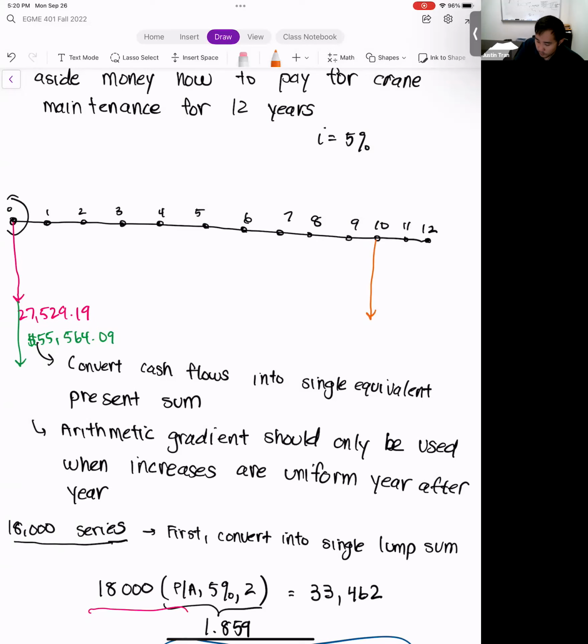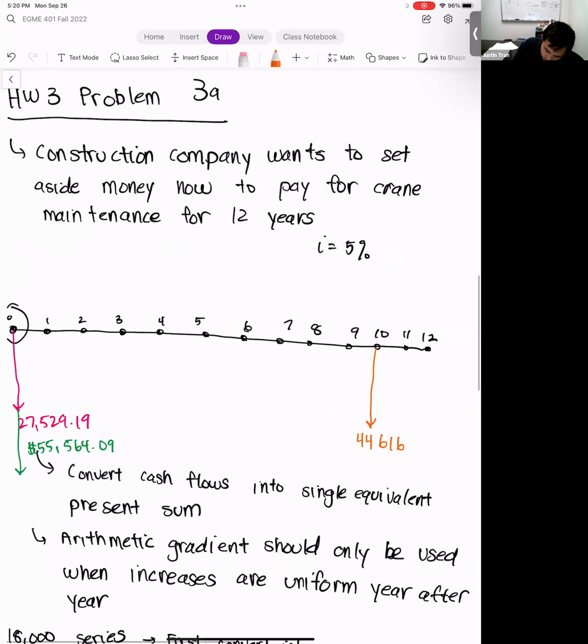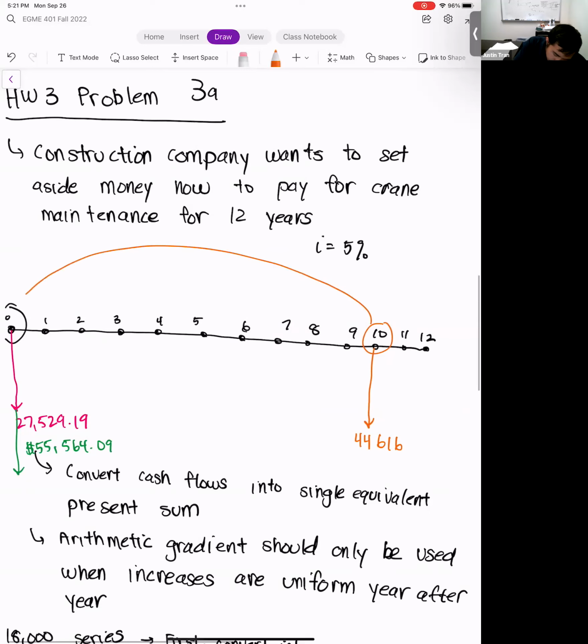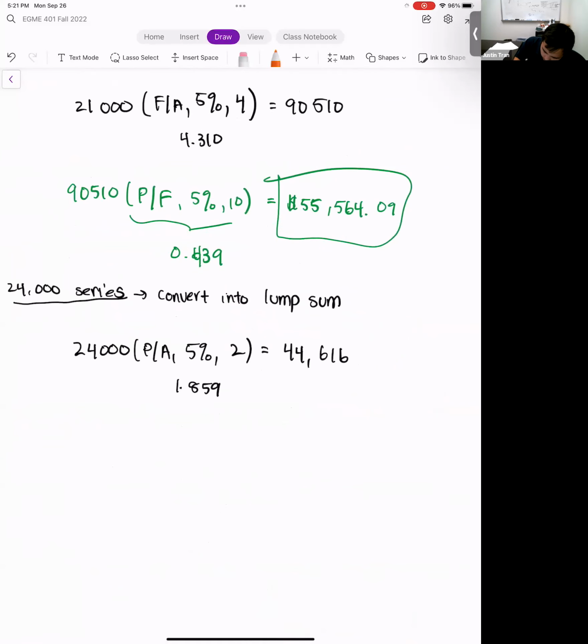And so after doing that one conversion of converting the uniform series on years 11 and 12, we get a single lump sum of 44,616. And then just like we did in the previous one, now we have a single lump sum in year 10. Now we need to take it back to year 0 with a P over F. So we have 44,616 P over F, 5%, 10.